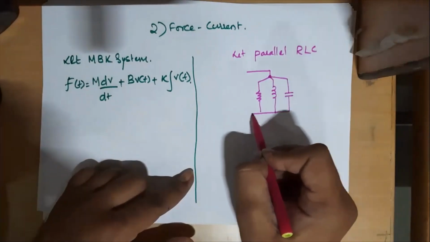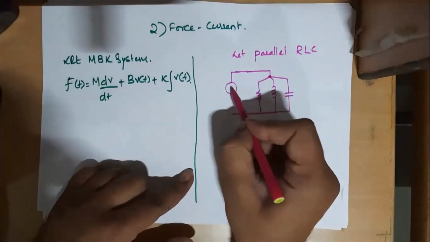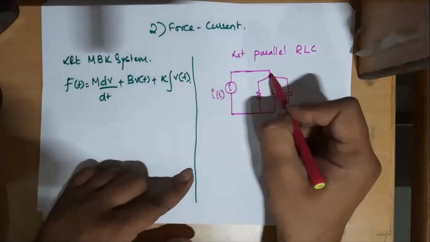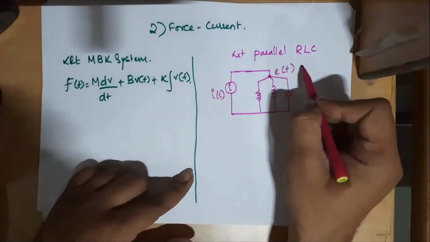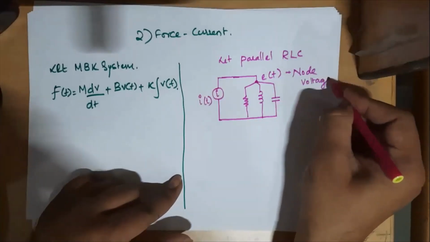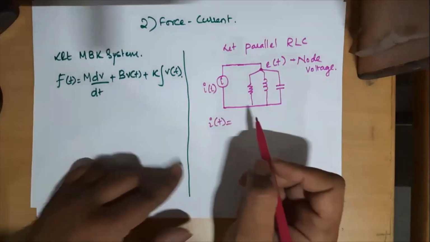This is how I will draw a parallel RLC, and I will mark the input source for this circuit as I of t, because I'm doing force equivalent to current. I'll mark the input as current source I of t and let E of t be the node voltage as shown in the diagram.